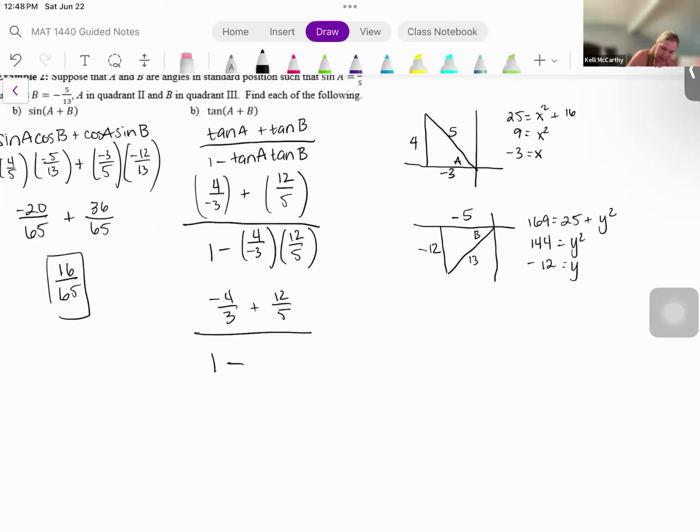Divided by 1 minus, and now I'm going to multiply these two fractions. If I'm looking at -4/3 times 12 over 5, this is going to be negative, but when I subtract a negative, it's going to be positive. So I'm going to go ahead and clean up my sign here. This is going to be 1 plus 4 times 12 is 48 over 15.